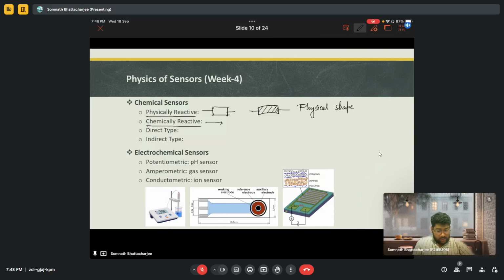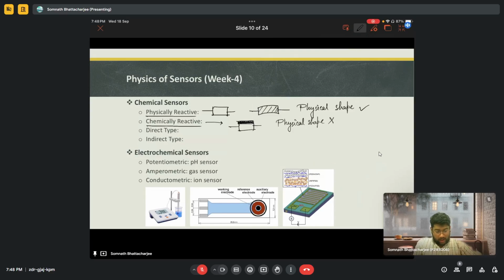And chemically reactive sensors don't change their shape, obviously, but the top surface reacts to the chemical reaction, let's say if there's humidity in the air. Based on the chemical reaction, there is no physical shape change, but we'll still get the data which we intend to get.